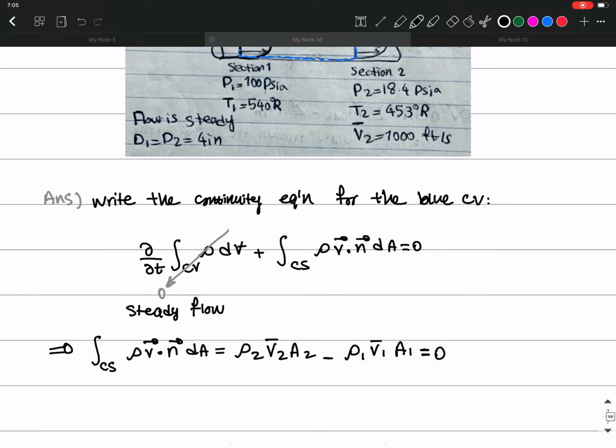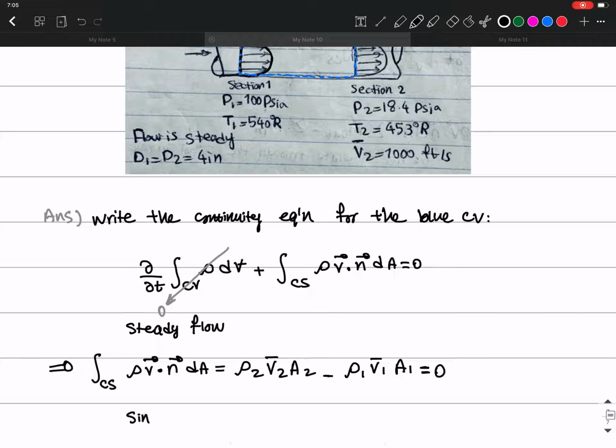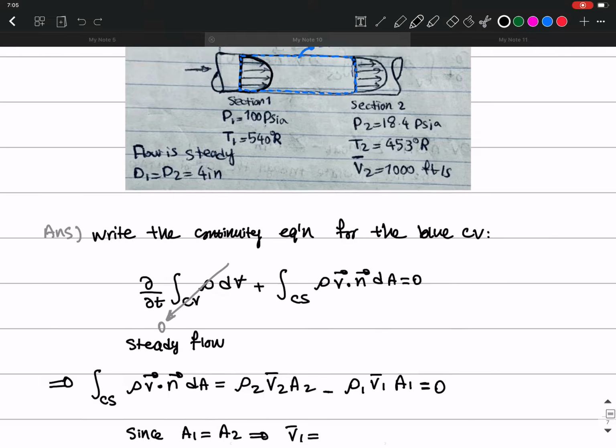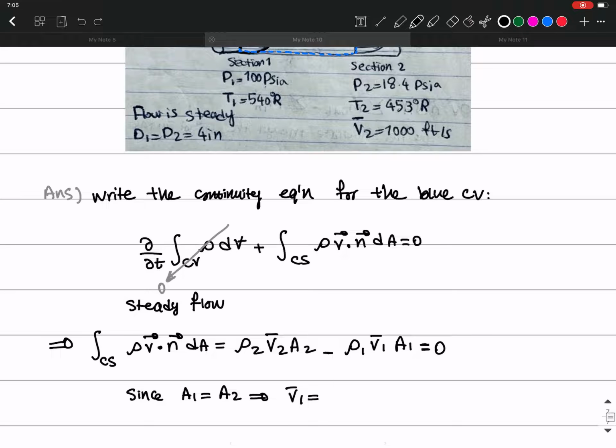And since A1 equals A2, I can write v bar 1, and v bar 1 is what we want, right? The average velocity at section 1, we don't know that, and we want to find it. So v bar 1 is going to be rho 2 over rho 1 times v bar 2.